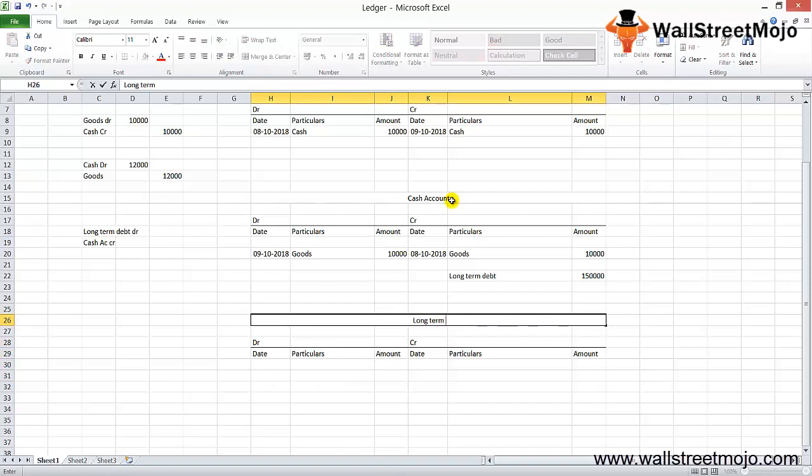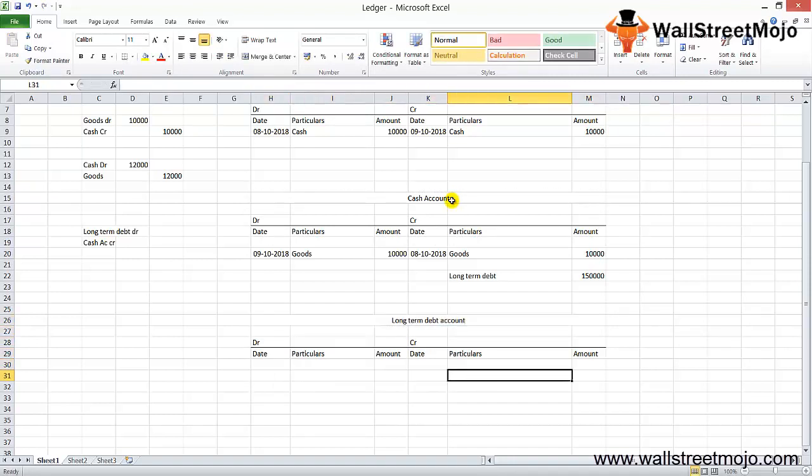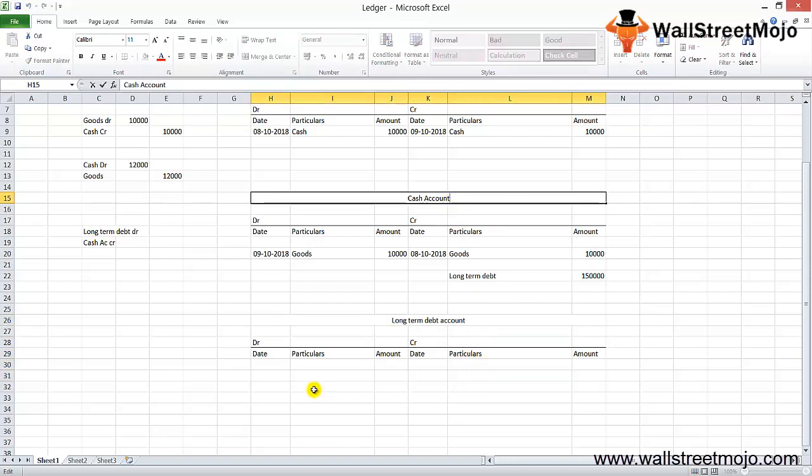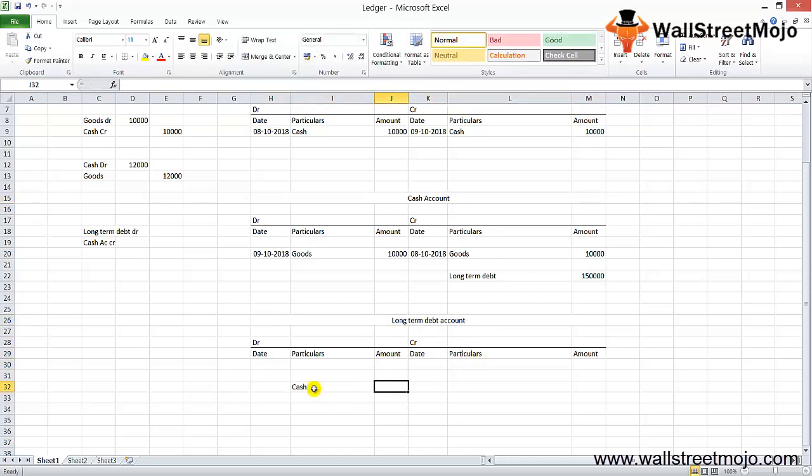This will be the long-term debt account. Okay, so over here the long-term debt account will be recorded as cash, and that will be $1,50,000. This is happening on 10/10/2018. So these are the three examples that I took so as to make you understand how the ledger account exactly works.